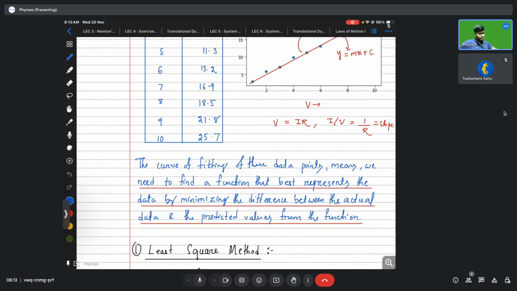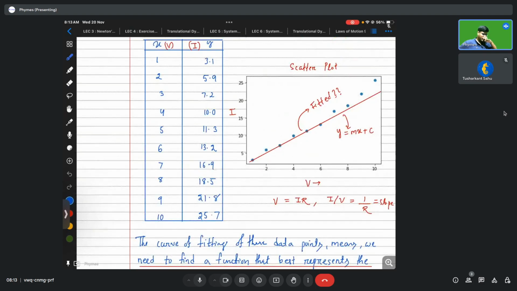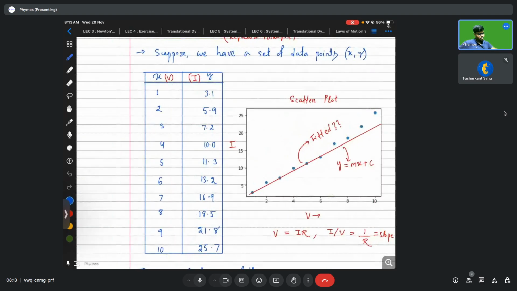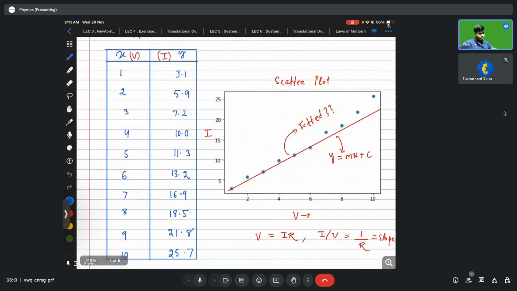So when we do such experiments in school, in 11th class, when we try to verify Ohm's law, we obtain the I versus V data, right? So voltage versus current data we obtain, and when we try to fit it to find the slope, from the slope you can find the resistance of that given wire.